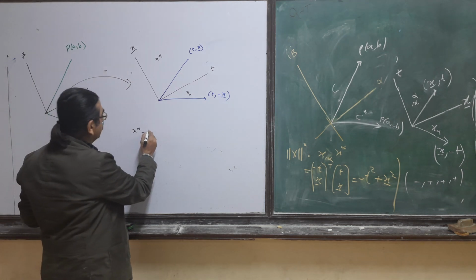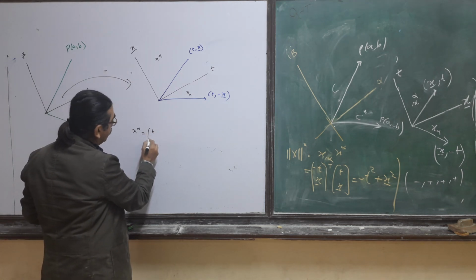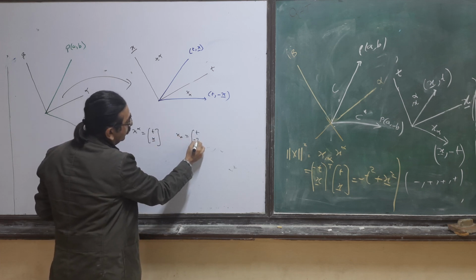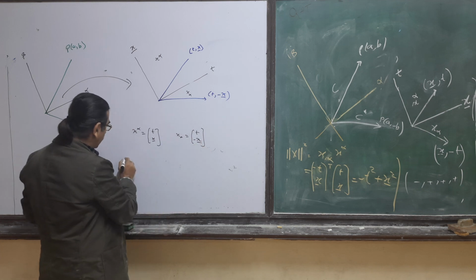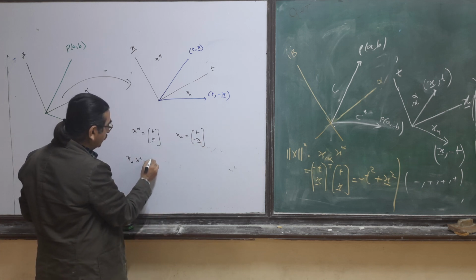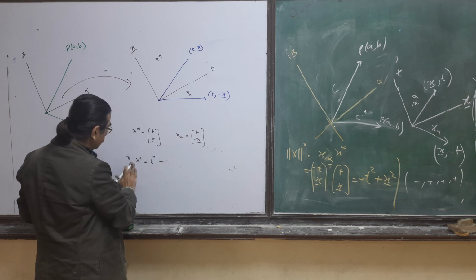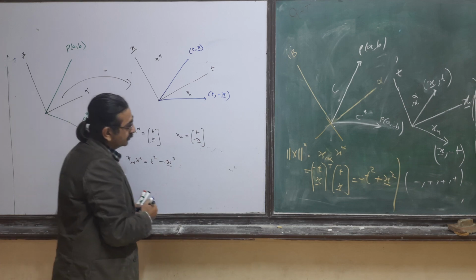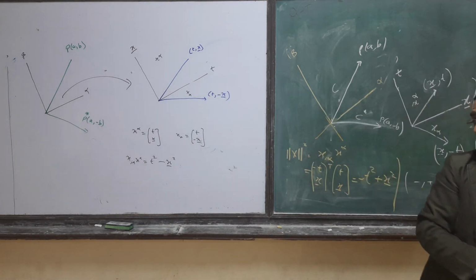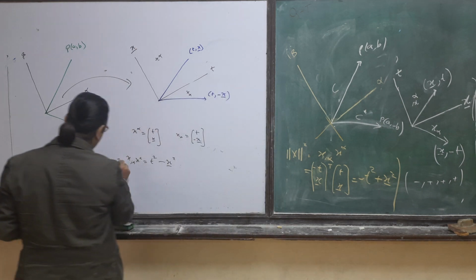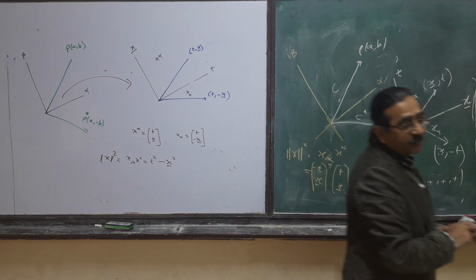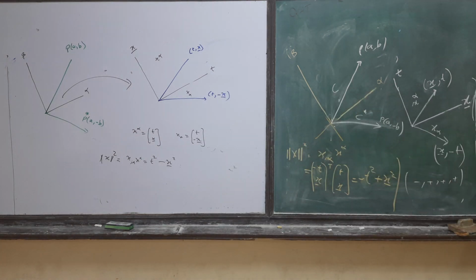So X alpha is T, X, and covariant is T, minus X. And X alpha and X alpha will be T square minus X square. Invariant quantity. That will be the length, as we have studied in the tensor algebra. Okay, I think it is very clear and very simple. Okay, yes.